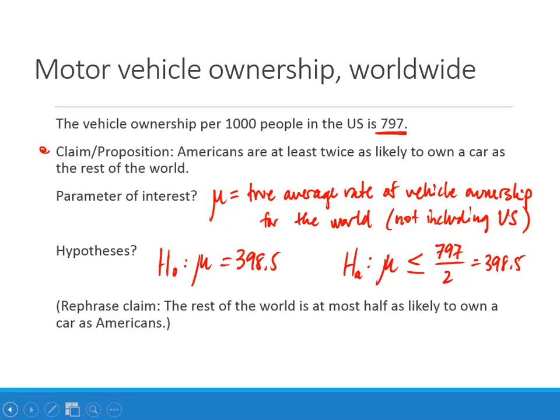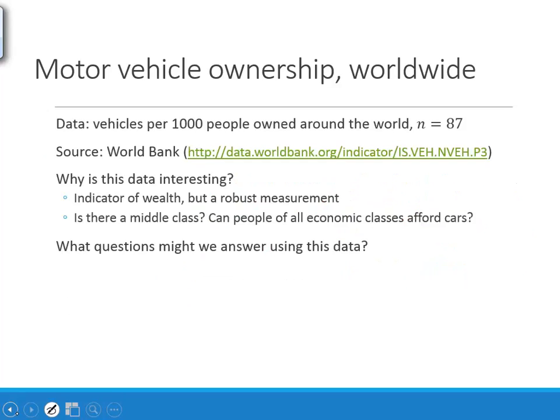So where'd you get the 87? The sample size. So n is just the number of observations that I have. So I have a number on the vehicle ownership per 1,000 people for 87 countries. So the 87 doesn't tell me anything about the actual rates. So I think the answer is no.